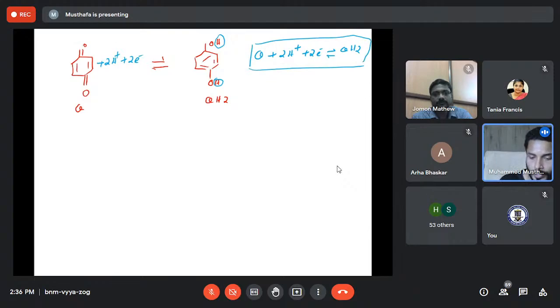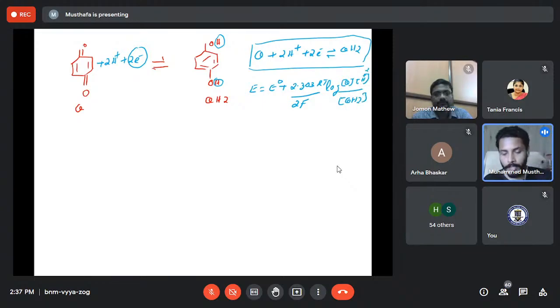If I write the Nernst equation for this redox couple, it will look like E equals E0 plus 2.303 RT by 2F, because the number of electrons is 2, into log of concentration of quinone times concentration of H+ the whole square, divided by concentration of QH2. Concentration of H+ is squared because 2 protons are involved.